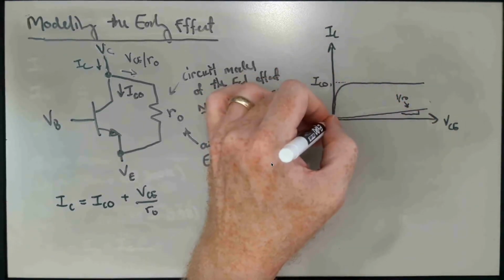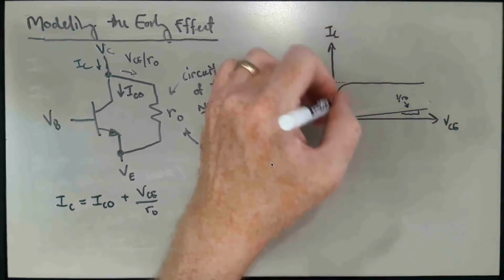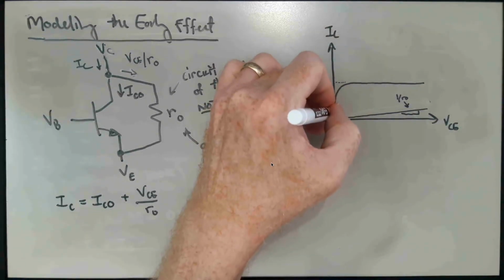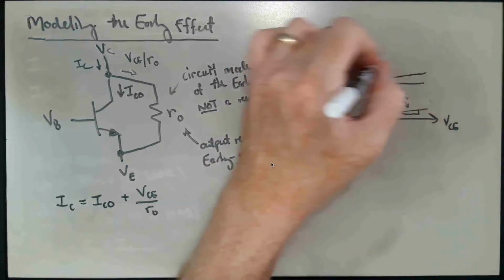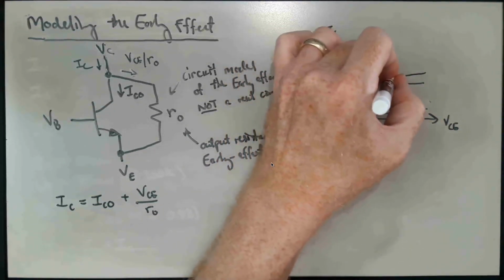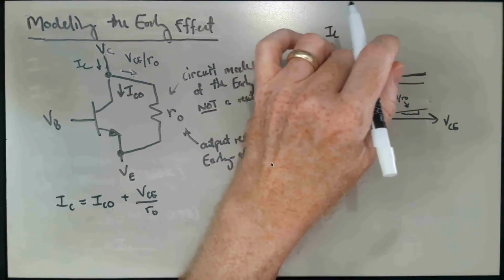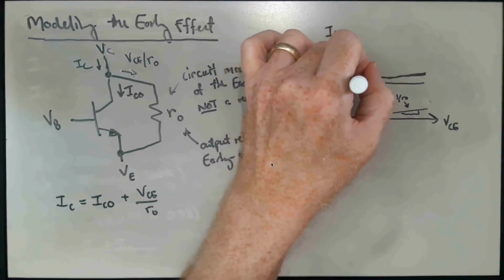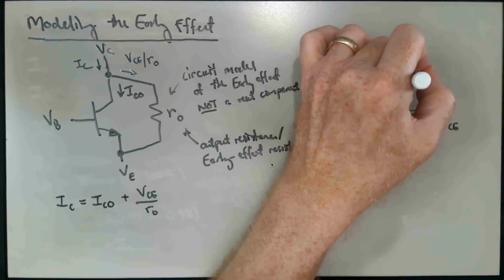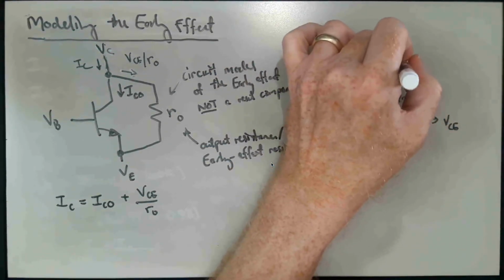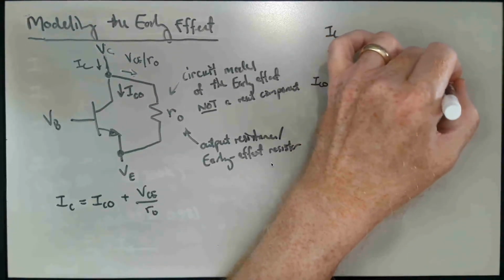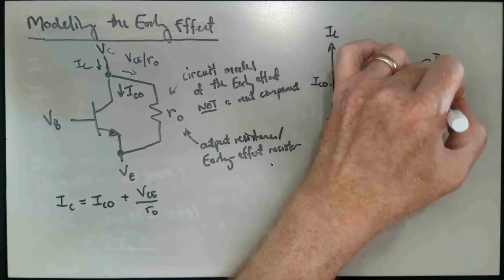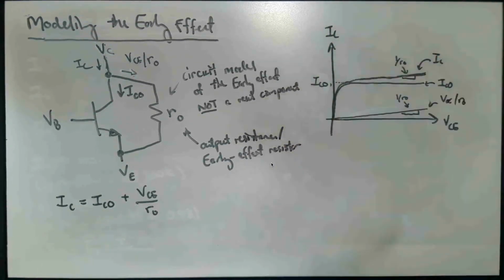And so down here, the early effect resistor is close to 0, and we've got this shooting up very quickly, and so the curve is basically just what's going on with the collector characteristic. And then as we go up here, we get more and more deviation as the early effect current increases. And so the slope of this is again 1 over RO. And so this is IC, this is ICO, and this is VCE over RO.